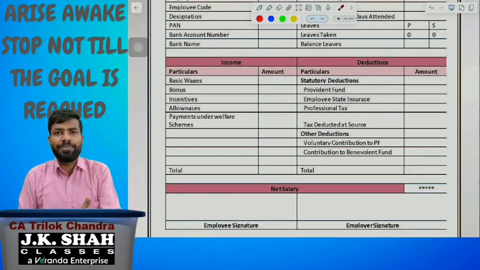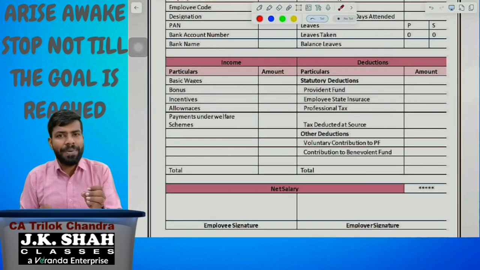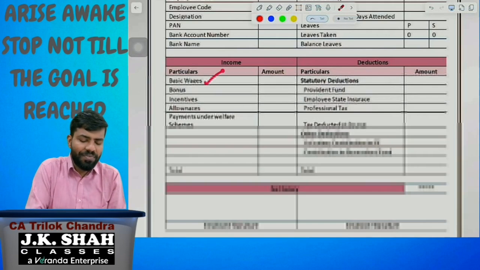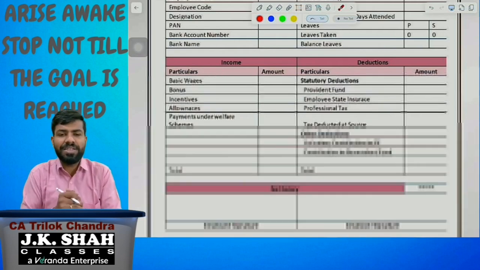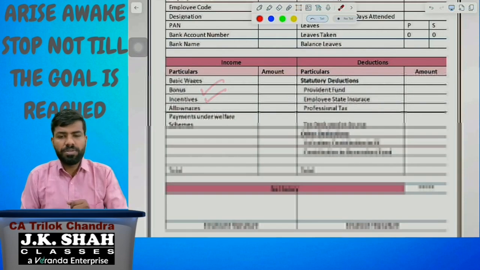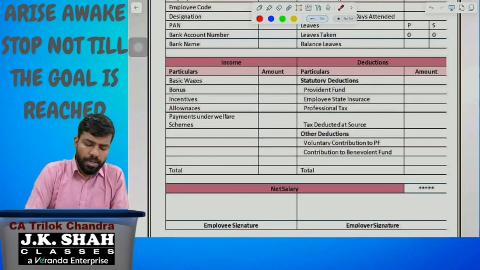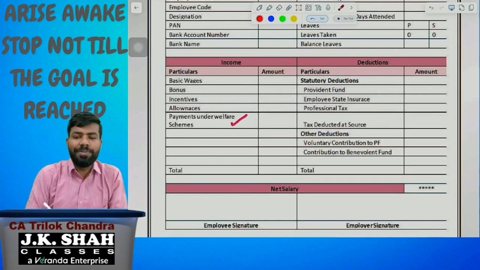One is for income and one is for deductions. If you look at the incomes, they are getting different types of payments. First one is basic wages. Secondly, they are getting bonus, incentives, allowances, payment under welfare schemes.